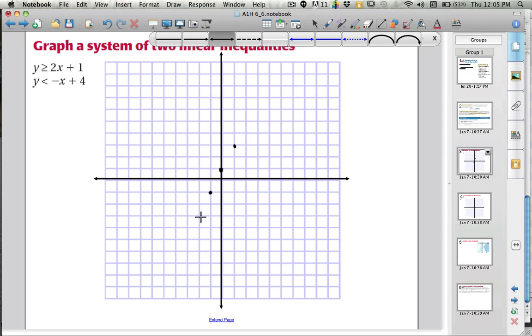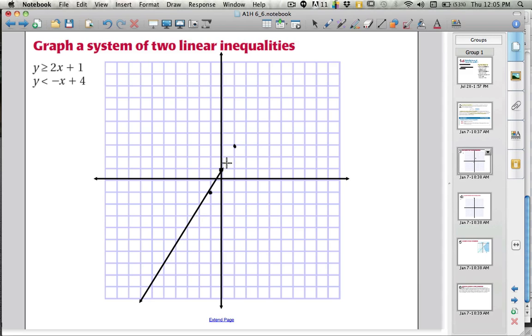I go down 2 over 1, down 2 over 1. I'm off a little bit, so let's rotate this around a little. There, I'm pretty happy with that.